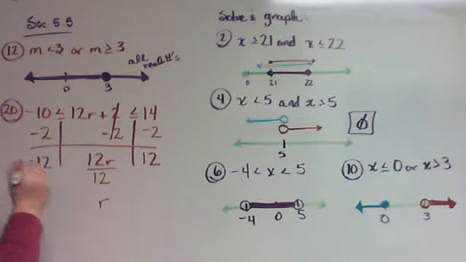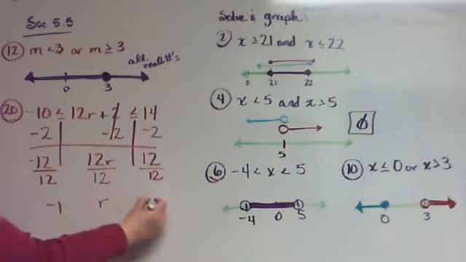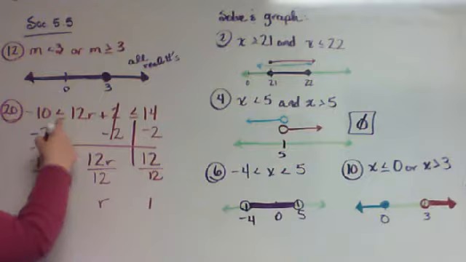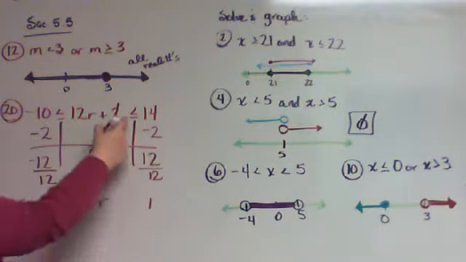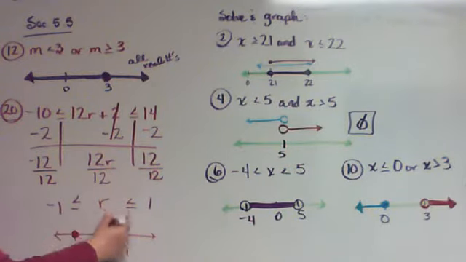It's a +12, so I don't have to worry about flipping my signs. That gives me a -1 and a +1. And whatever my sign was up here, that's what it is unless we have to change it. So I have my -1, my 0, my 1. It's closed in here, closed in there. And since the R is in between, I shade in between.